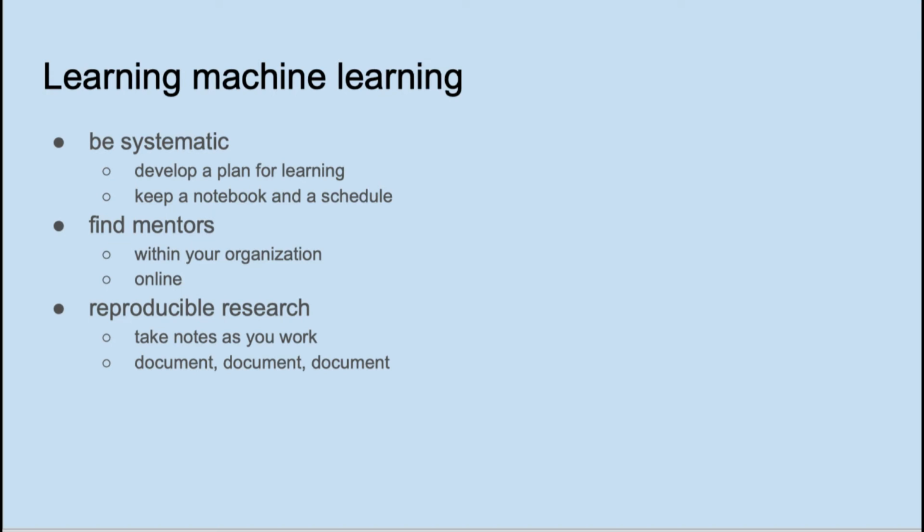Find mentors. You may be able to find mentors within your organization, your school, or your place of work, but you can also find mentors online. And always do reproducible research. Take notes as you work. Document, document, document, so that you can reproduce your work later when you go back to it.